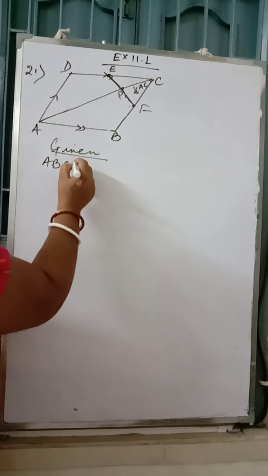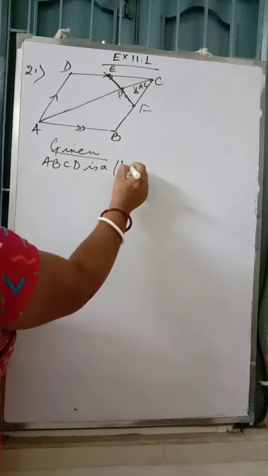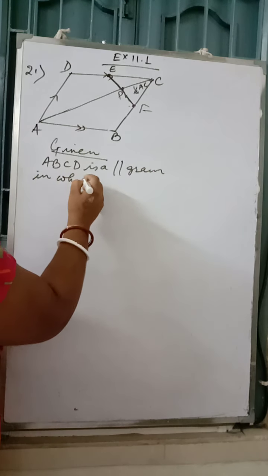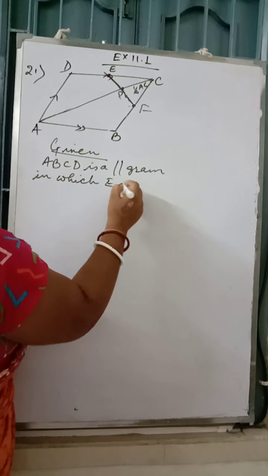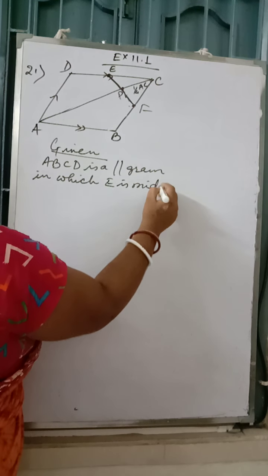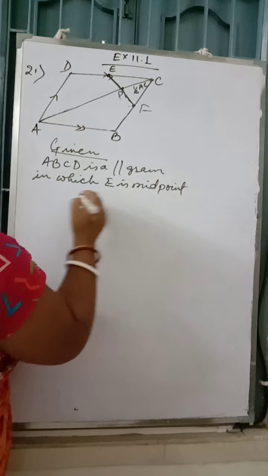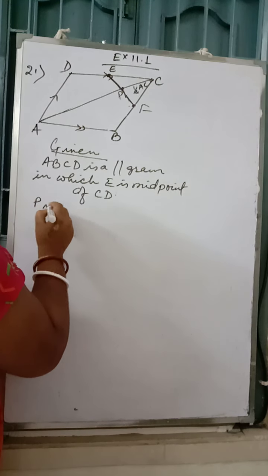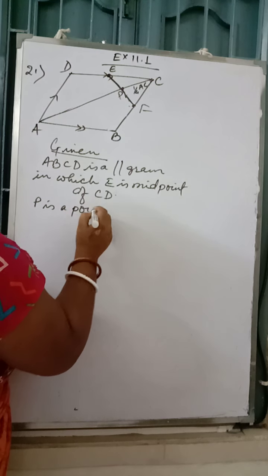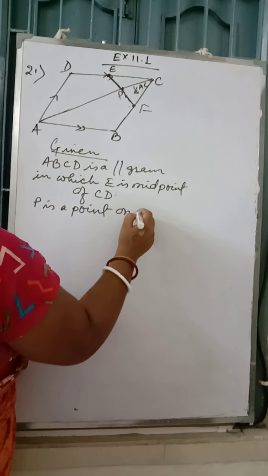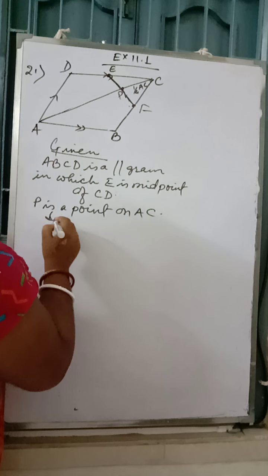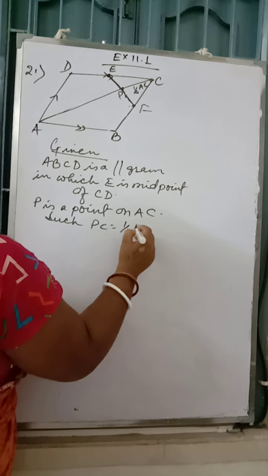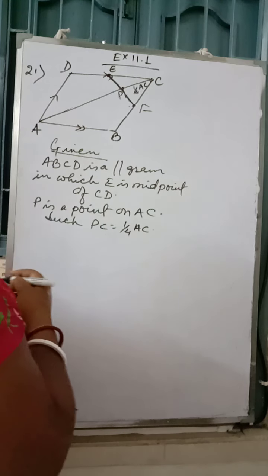Given: ABCD is a parallelogram in which E is a midpoint of CD, P is a point on AC such that PC is equal to 1/4 AC. Clear?